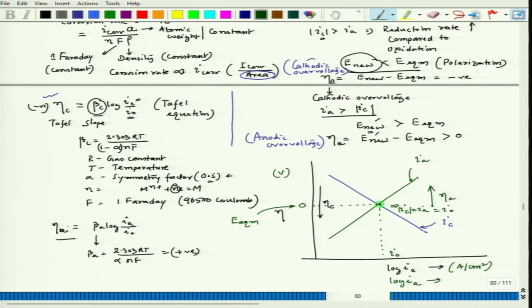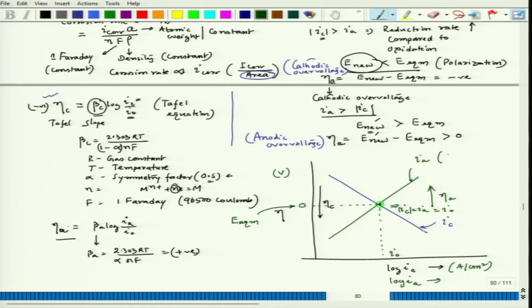Now, if we do not have any external influence that leads to a preferential reaction, like whether it is a cathodic reaction or anodic reaction. If it is cathodic reaction, definitely the potential will drop. If it is anodic reaction, definitely potential will go up. But if we do not do that, you will stay at this point, which is the equilibrium point.